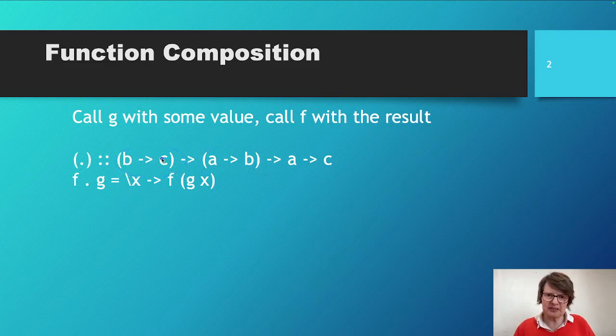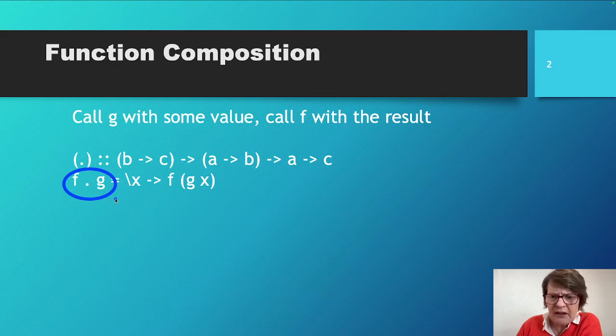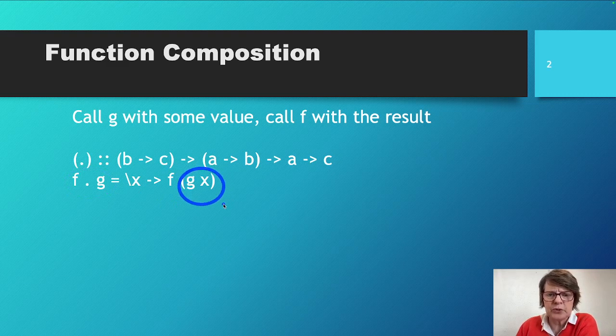So what it does is it takes two functions and returns a function that takes in A and gives back a C. So the A comes from here and the C comes from here. Those types could be the same. And what you're saying there is that f dot g is the same as saying f applied to what's returned when you apply g to x.